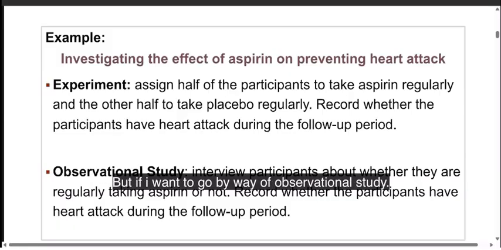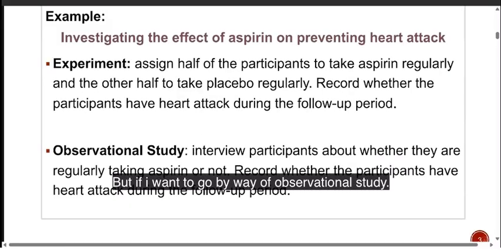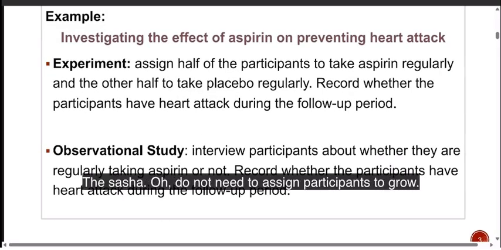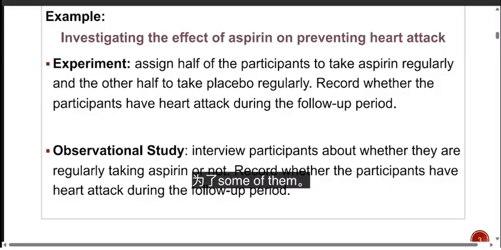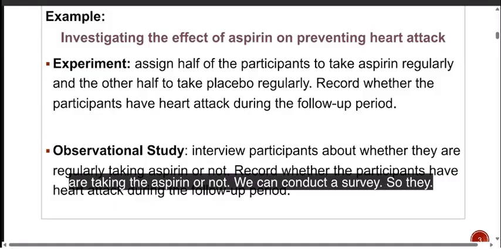But if I want to go by way of observation and study, the researcher does not need to assign participants to groups. What the researcher can do is interview participants, whether some of them are taking the aspirin or not.